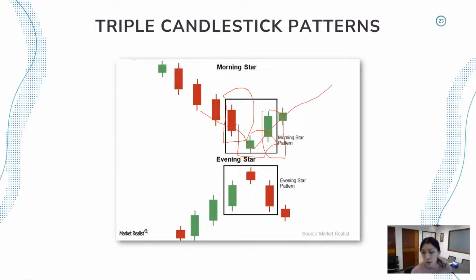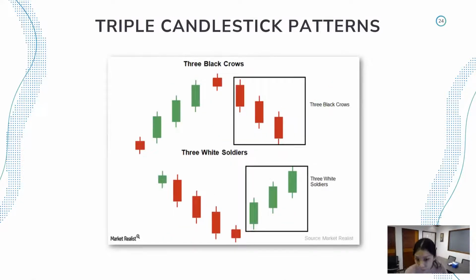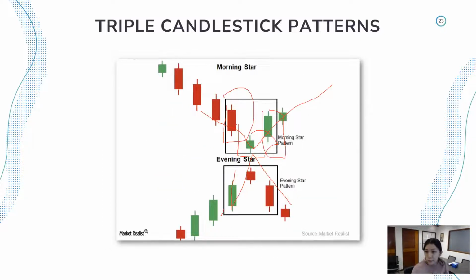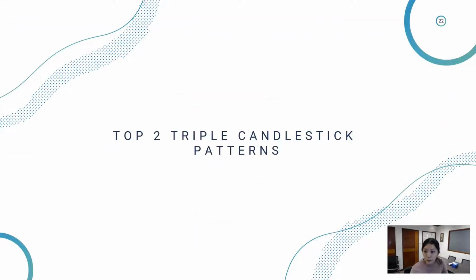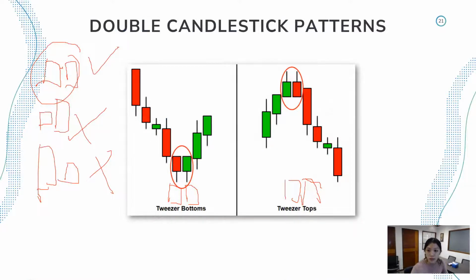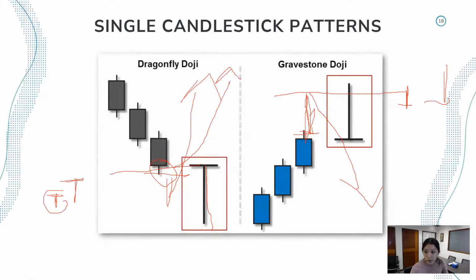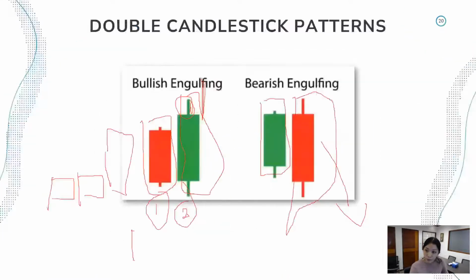An evening star shape is the opposite, the sun is going down. You can see it here. But personally I feel that the morning star is not as strong as what we talked about earlier. The stronger ones to see are the double candlestick, and also the dragonfly and the gravestone patterns.